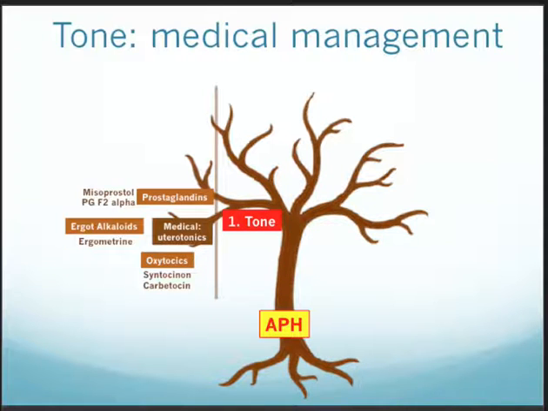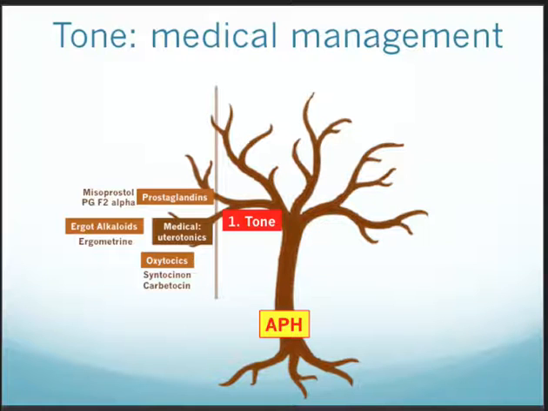And we have a few examples: oxytocics, syntocinon or carbetocin, ergometrine, prostaglandins are misoprostol, or prostaglandin F2 alpha. So here you see an overview of the uterotonics we can use to deal with lack of tone of the uterus.